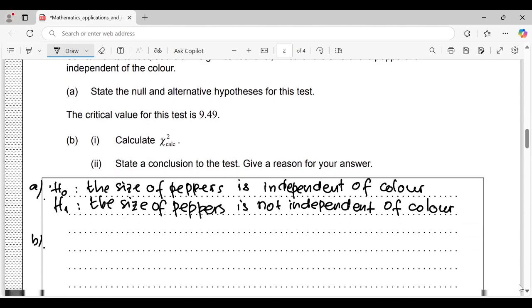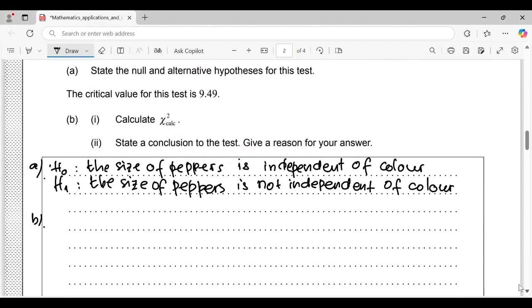And next, for the calculation, firstly, I'm going to calculate the expected frequency for each cell.